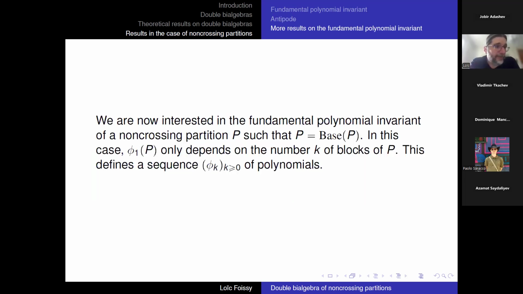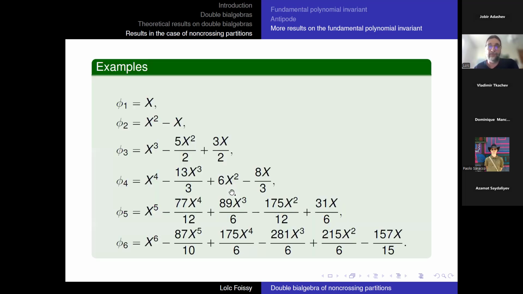So I think I have time to give more details on this fundamental polynomial invariant. The most complicated case is in fact given by non-crossing partitions with no nesting, so restricted to their block basis. What you can show quite easily is that in this case, it only depends on the number of blocks of P, not on the size of the blocks. So for each number of blocks k, you obtain a polynomial, which I denote by phi indexed by k, and you obtain a sequence of polynomials, which you can compute.